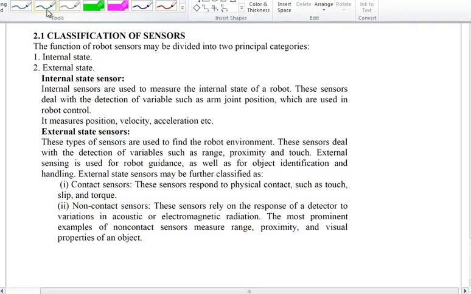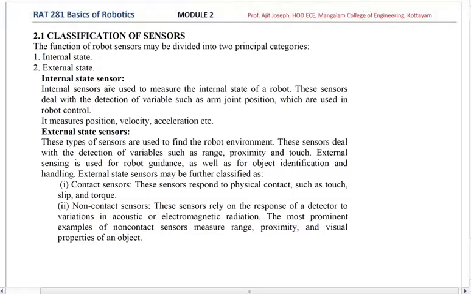What are the internal and external state sensors? Internal state is talking about whatever is inside the robot, and external is talking about whatever is outside the robot. For the case of internal state, the robot may want to know the joint position of its joint.